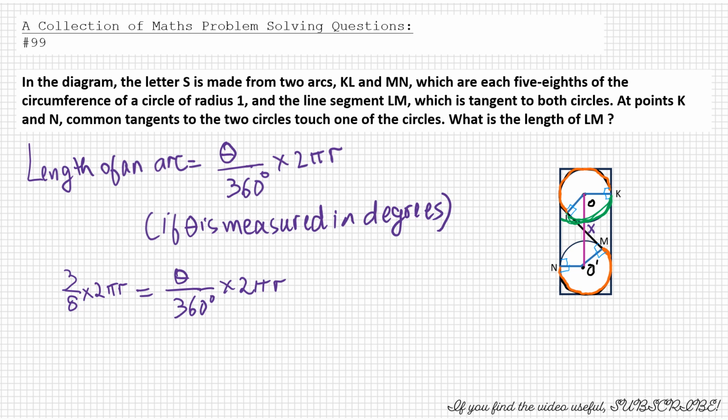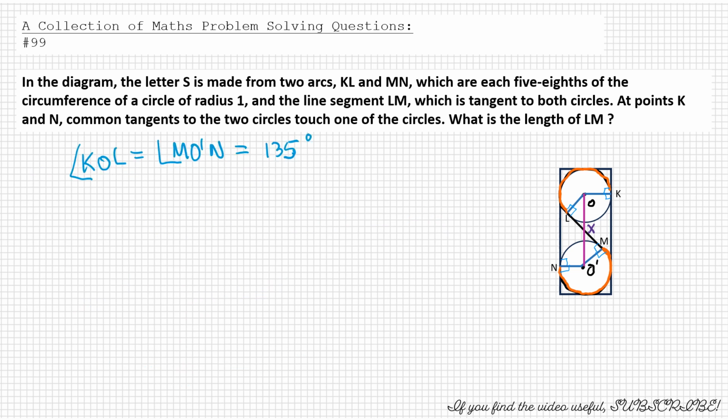So we say 3/8 of 2 pi r equals theta out of 360 times 2 pi r. We equate them to find that theta is 135 degrees. And next, angle KOL equals angle MO dashed N equals 135 degrees.